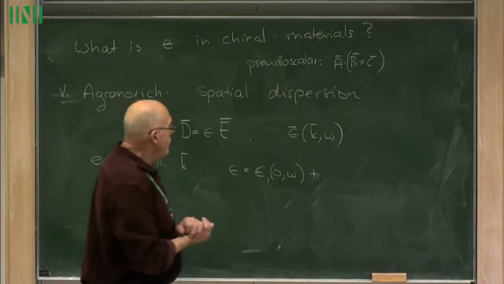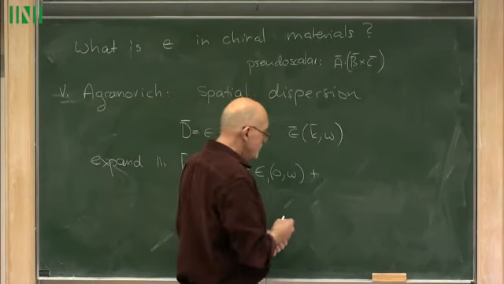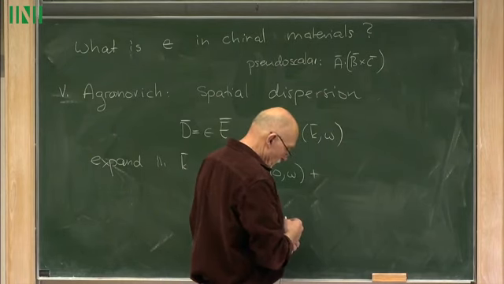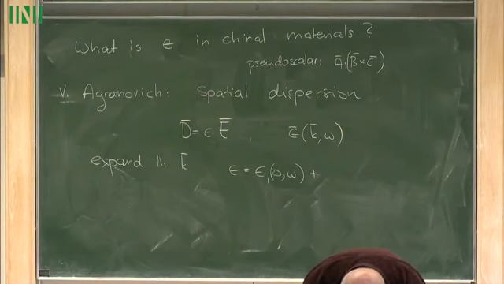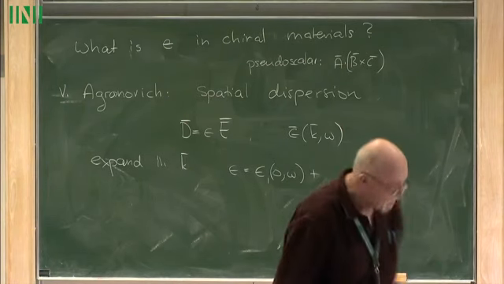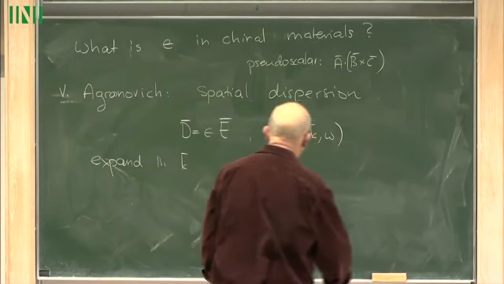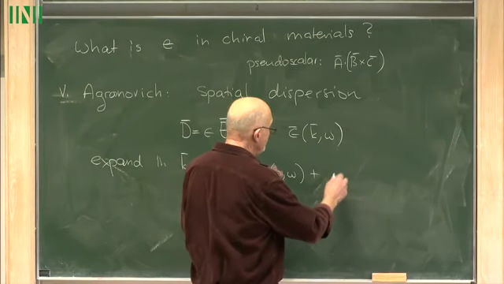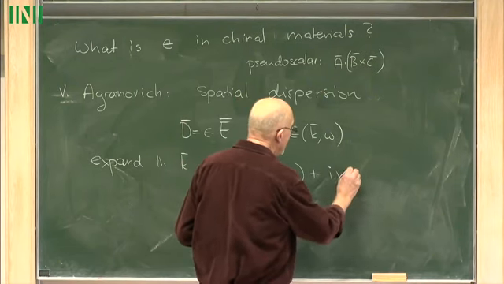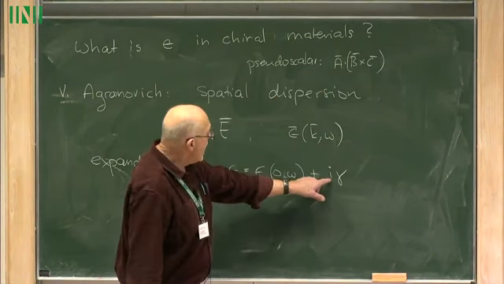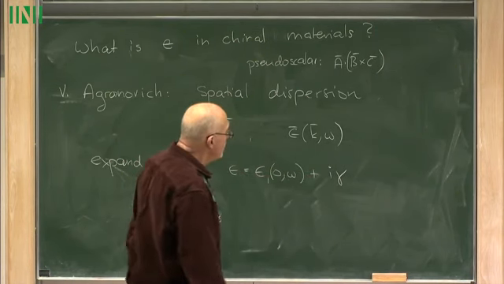So we can make a term which is just some quantity that we don't know. I'll call it gamma. So we'll have an i here just for convenience.